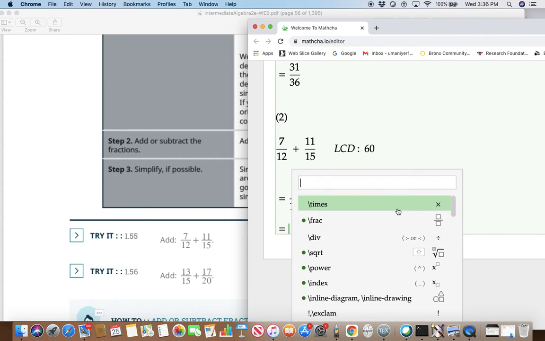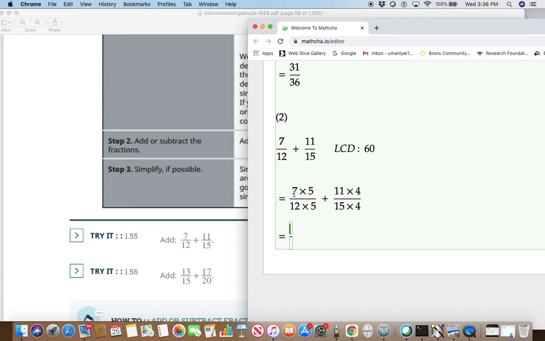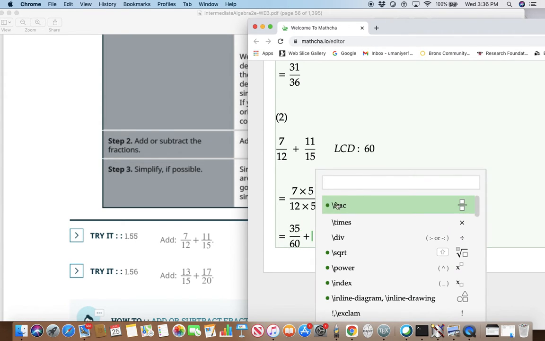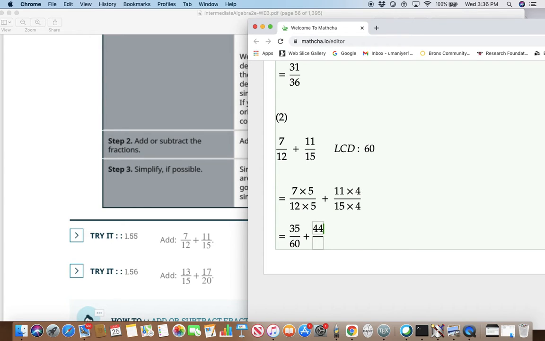This gives me the fraction 7 times 5 is 35, denominator is 60, plus 11 times 4 is 44, 15 times 4 is 60. There you have it. You got the common denominator you were working at.